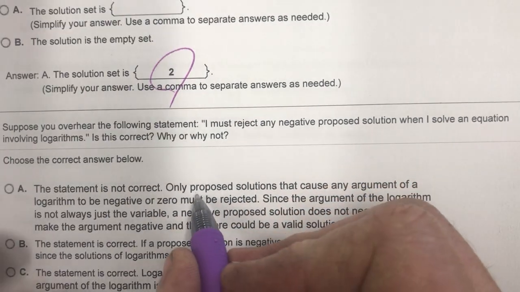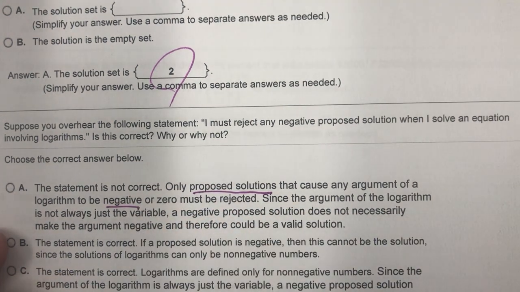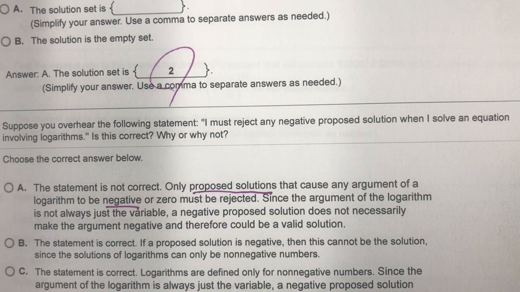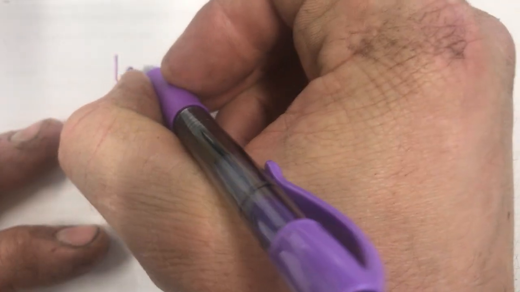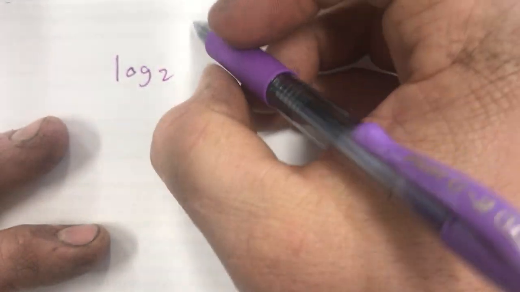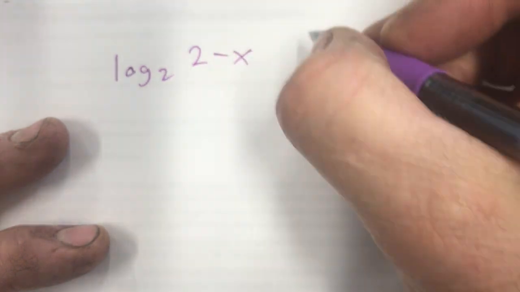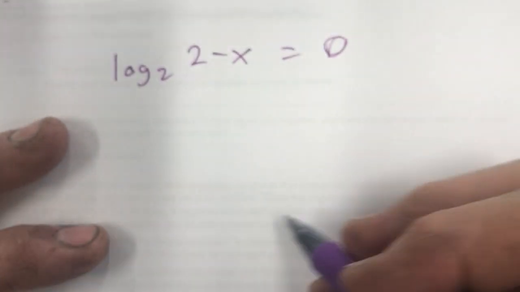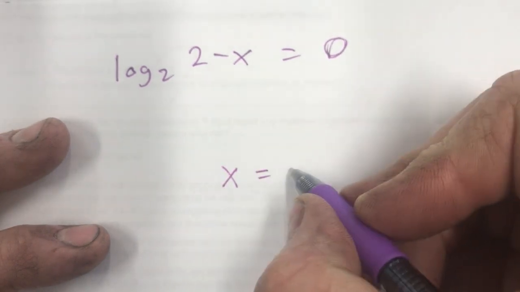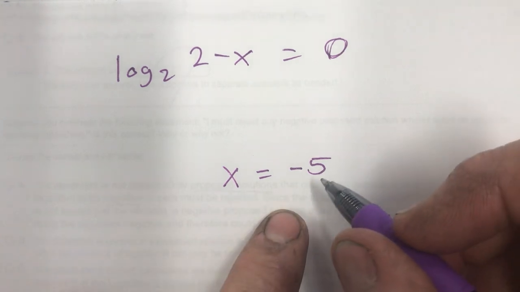Here's the thing. Only proposed solutions that cause an argument of a logarithm to be negative. Okay, let me explain that. Suppose I have this right here: log base 2 of 2 minus x equals something. I don't know. But suppose I get x equals negative 5. I can't just go ahead and say, well, hey, it's negative, there's no solution here.